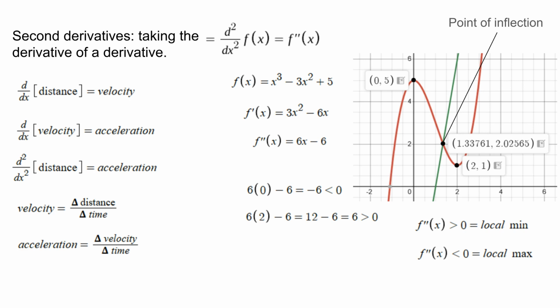We will now be talking about second derivatives, which is simply the derivative of a derivative, so finding the rate of change of the gradient. To help you understand, I need to say the relationship between distance, velocity, and acceleration, because velocity is actually the derivative of distance, and acceleration is the derivative of velocity.